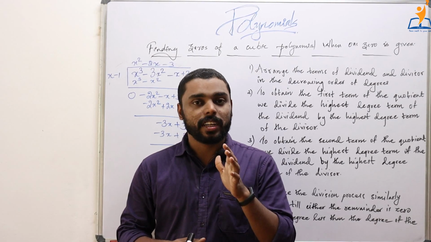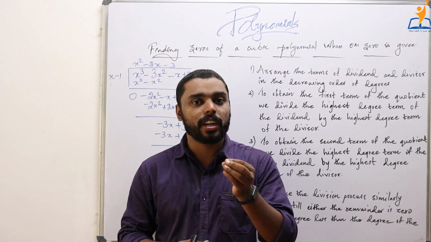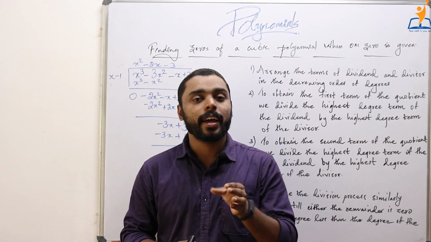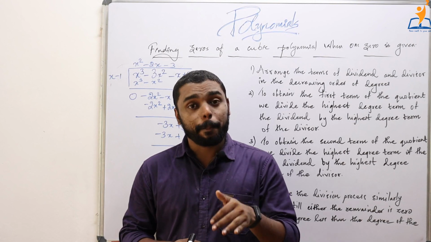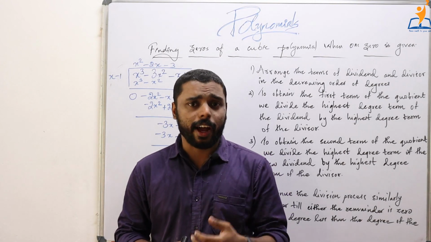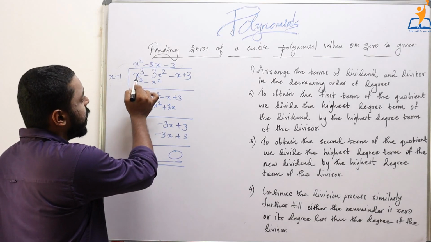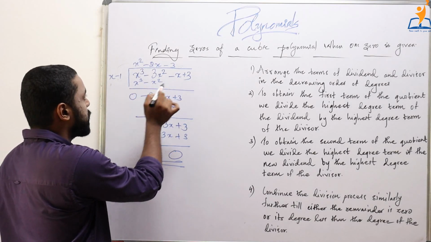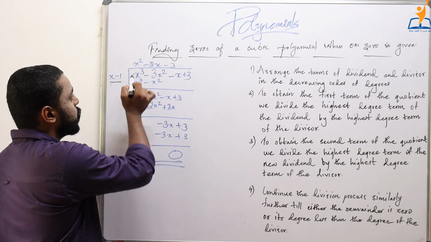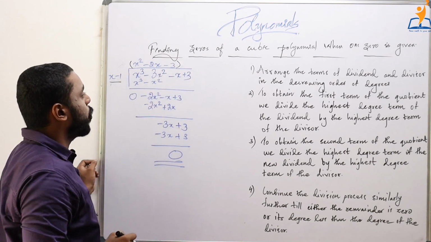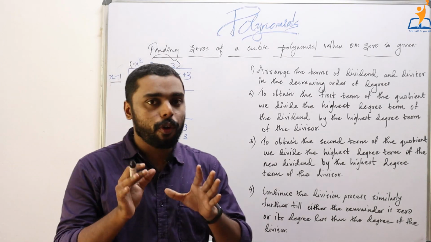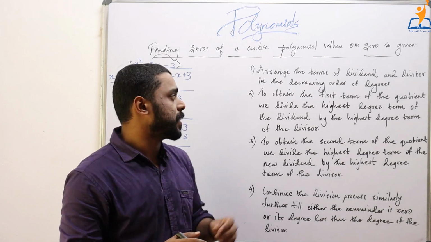So we can define the process or define the steps of dividing a cubic polynomial by a linear polynomial or any factor of it. So here, in the previous problem, we divided x cube minus 3x square minus x plus 3 by its factor x minus 1 to obtain a quadratic polynomial as its other factor. Now we shall define the steps as follows.